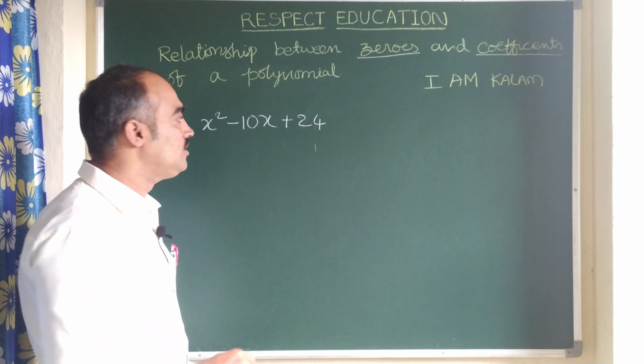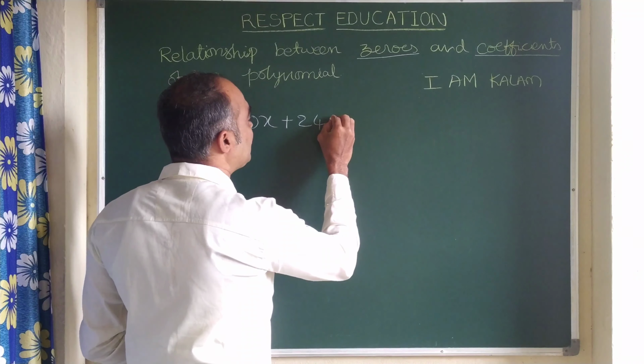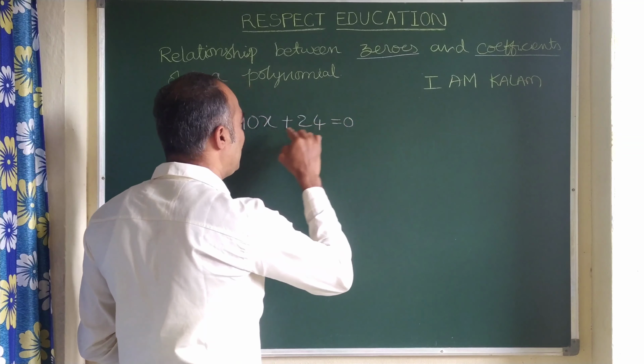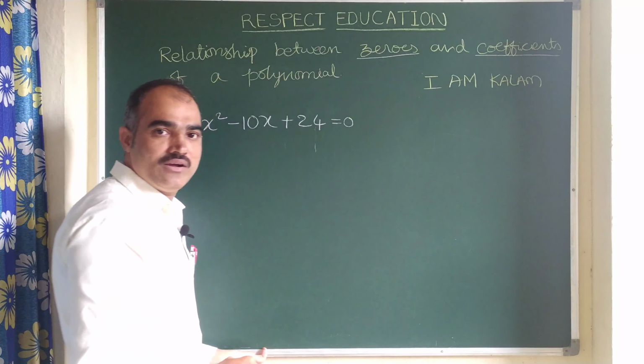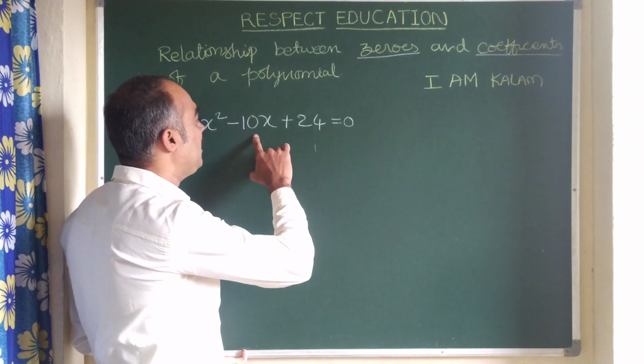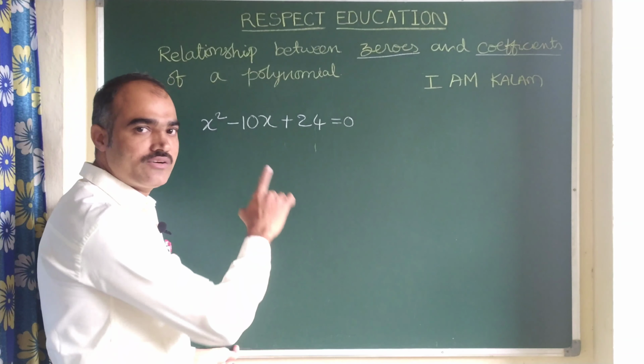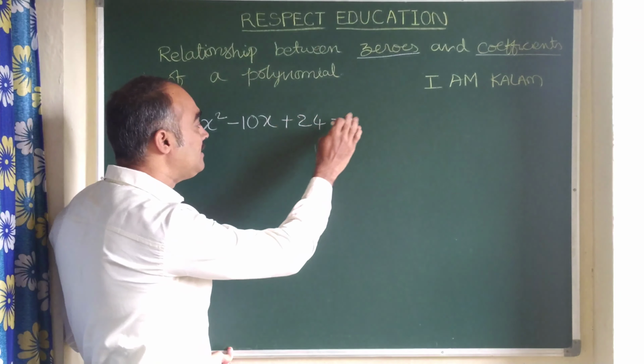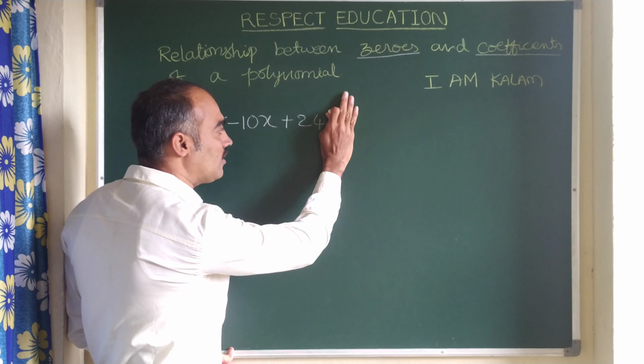For finding zeros, as you know, we need to make it equal to 0. So let us take this as one equation. It is a quadratic polynomial when there is no equal to 0. When we keep it equal to 0, its name changes from quadratic polynomial to quadratic equation. Now it is a quadratic equation, right?